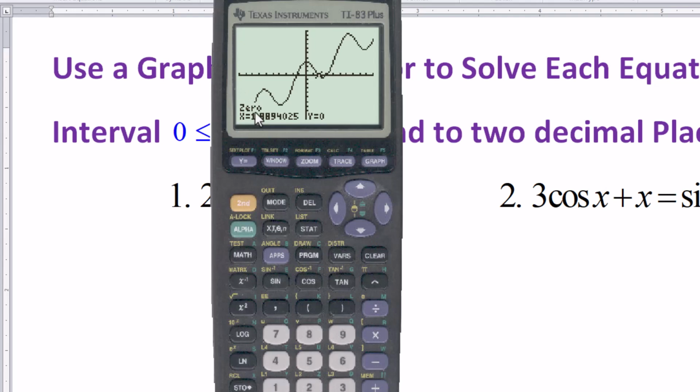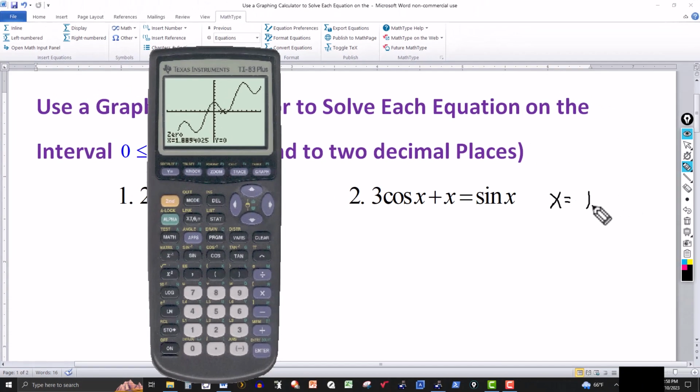And you can see there's a zero at x equal to 1.889. And you want to make sure that the value of y is 0. That assures that the point represents an intercept. And of course it tells you it's a zero. So one solution to this equation, rounded to 2 places, is that x is equal to 1.89.